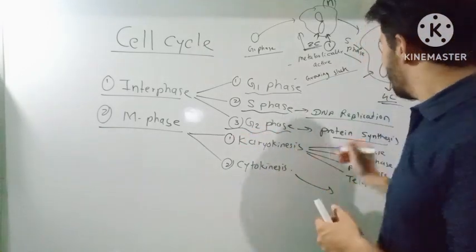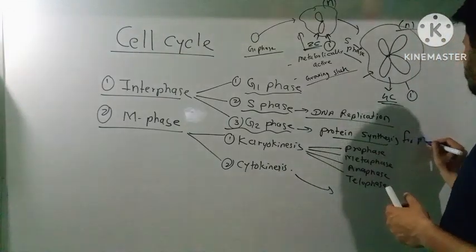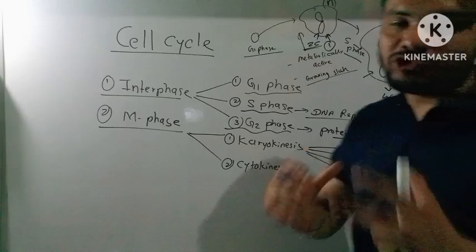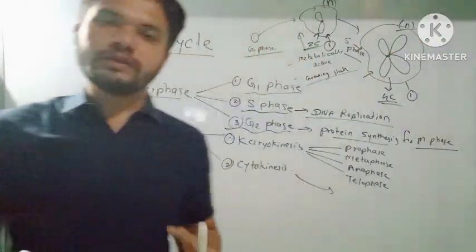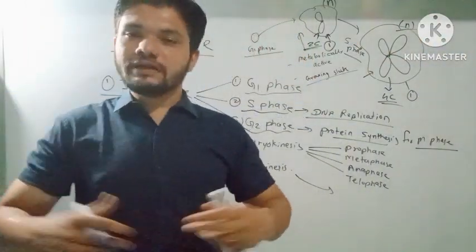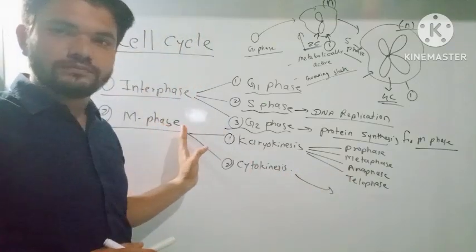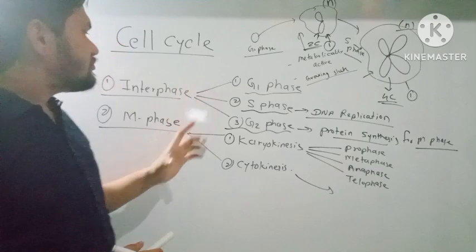So protein synthesis for the M phase will be done in the G2 phase. The cell will be matured enough to divide, which is going to happen in the M phase itself. So this was about the interphase.